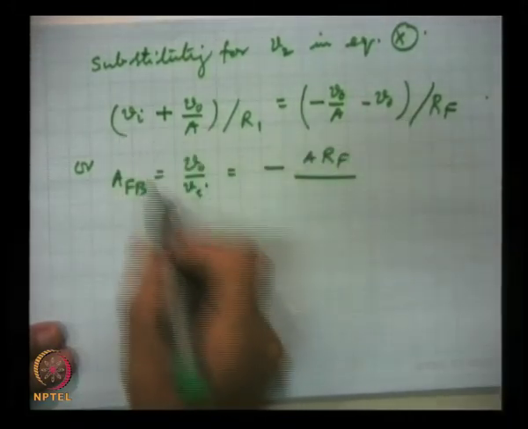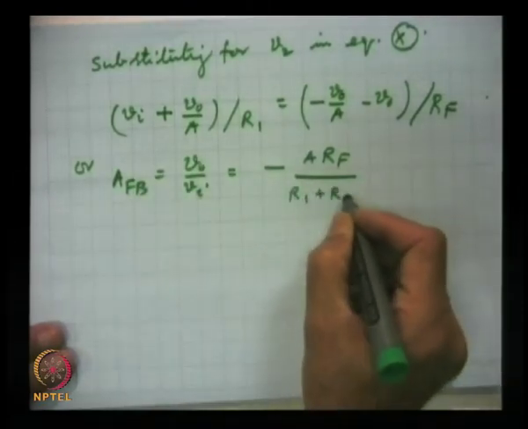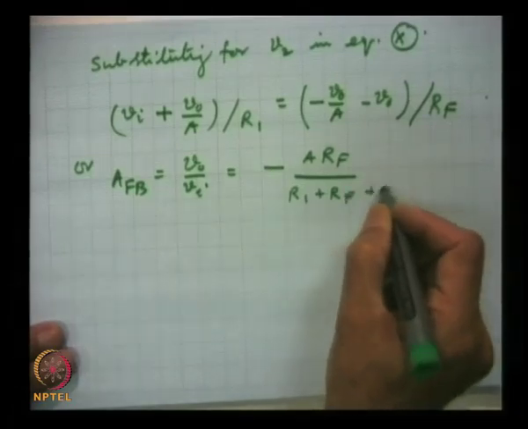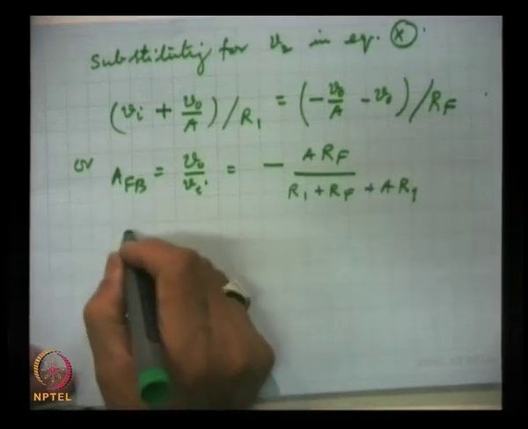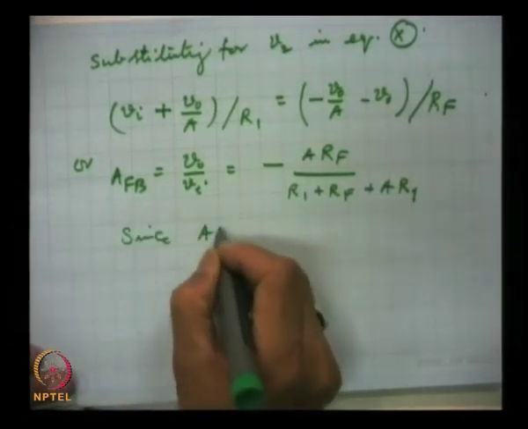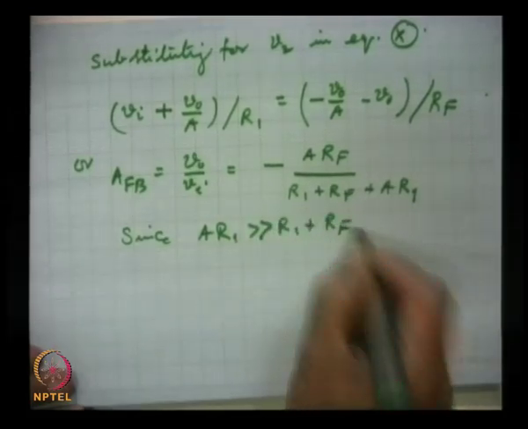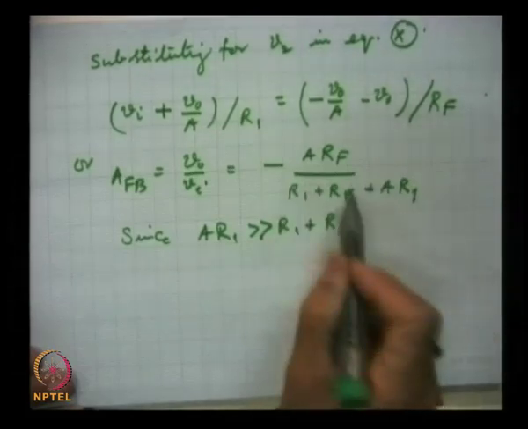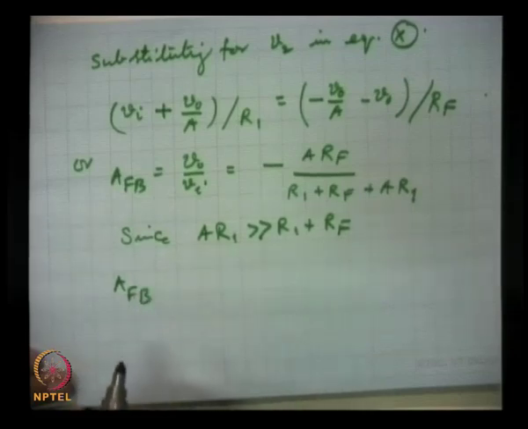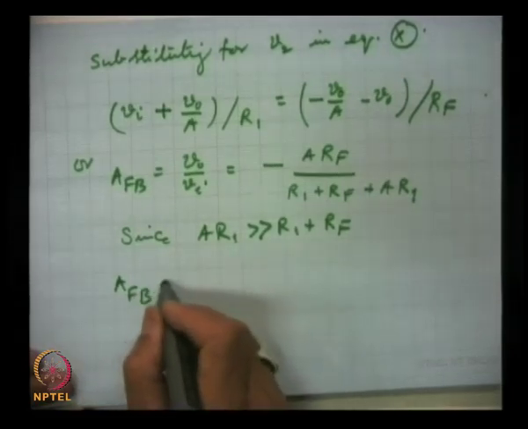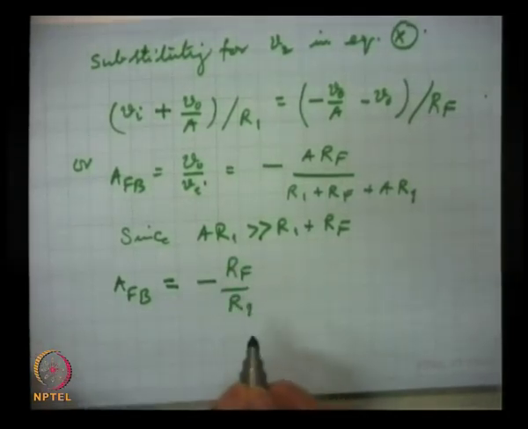Just from here it is simple manipulation, and this is R1 plus RF plus A R1, and since A R1 is very large as compared to R1 plus RF, we can drop that, and AFB, the gain with feedback, simply is minus RF by R1.